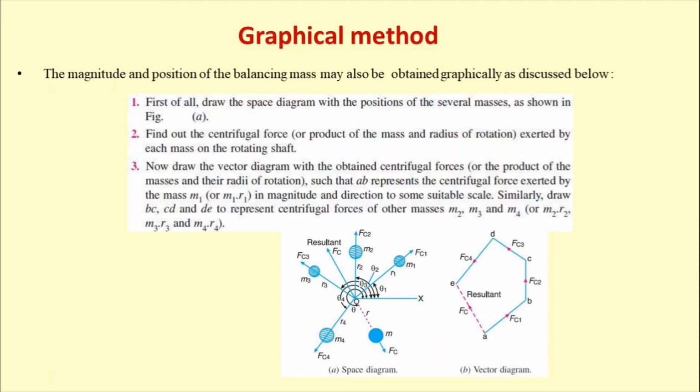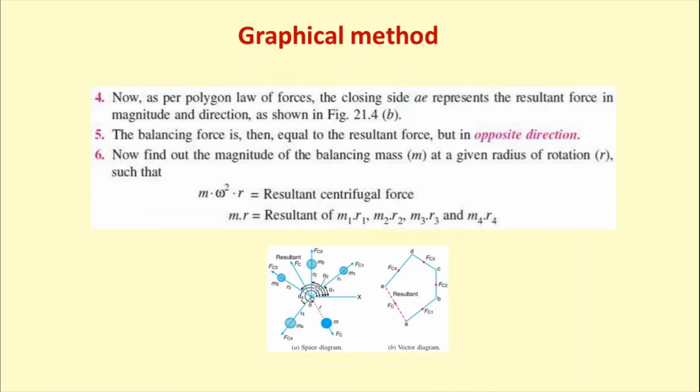For m2, the position is 90 degrees, perpendicular to the x-axis, which is also shown here. Whatever the inclination angle theta 3 is, it should be the same for CD, or FC3, and that is also true for FC4. In the same way we have to construct this vector diagram.